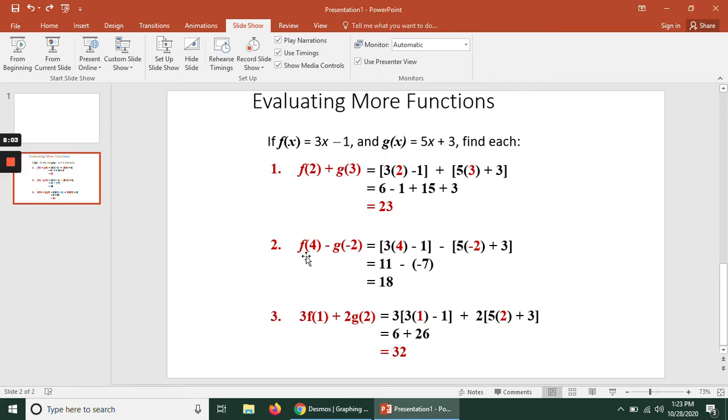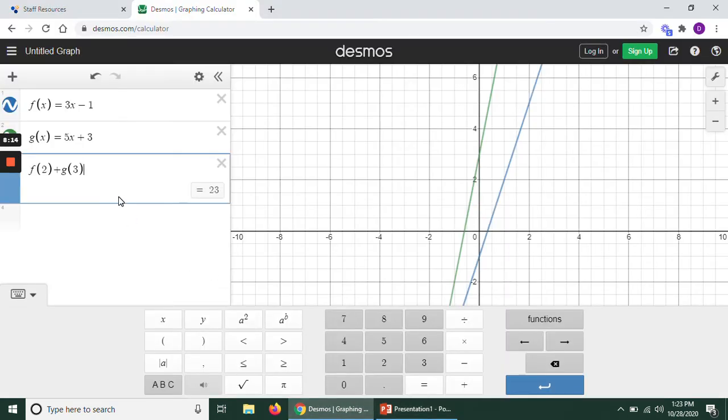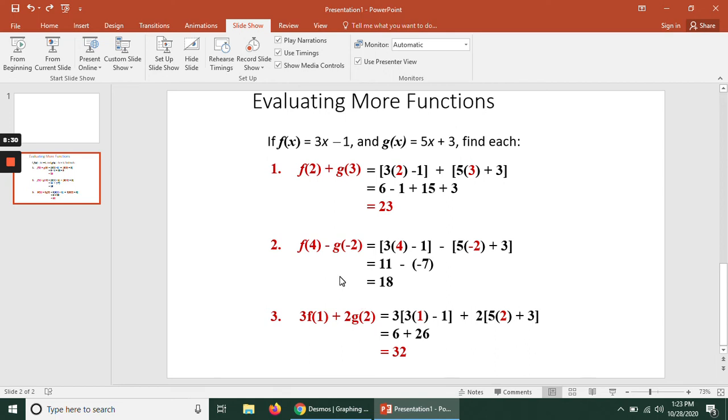Now I'm going to type f of 4 minus g of negative 2. I already have my two functions, f of x and g of x, so I can keep those. Now I'm going to clear this area here, and I'm going to type f of 4 minus g of negative 2.